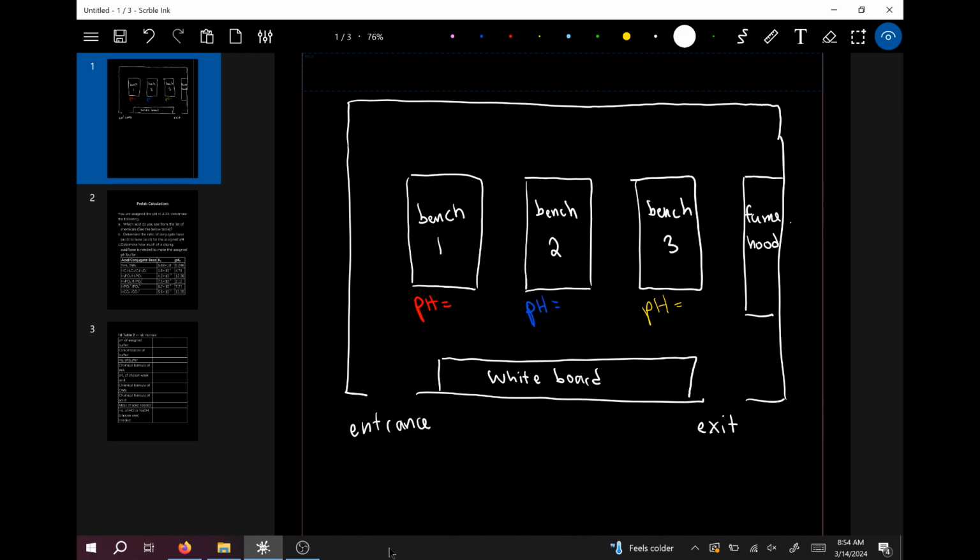So I'm going to assign 3 different pHs for every single bench. So you have to remember where inside the laboratory you're seated. This is the central bench, this is the bench closest to the entrance, and this is the bench closest to the fume hood. I'm just going to call it 1, 2, and 3. And I have 3 different pH values that I'm going to assign to each bench.